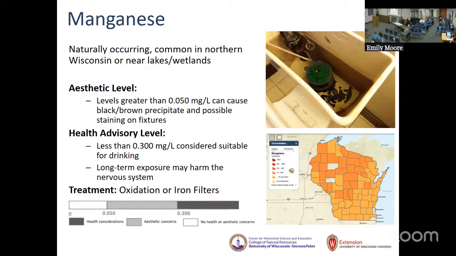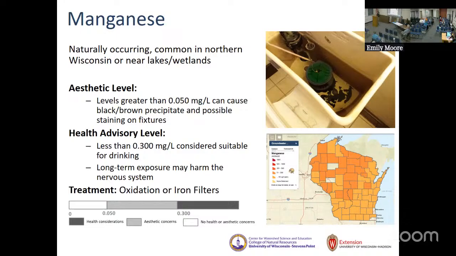And then when we get levels above 0.3 milligrams per liter, there is some health concerns associated with that. Long-term exposure may harm the nervous system. It's been described as having impacts of Parkinson-like symptoms for certain people that are drinking water with elevated levels of this particular element, manganese.